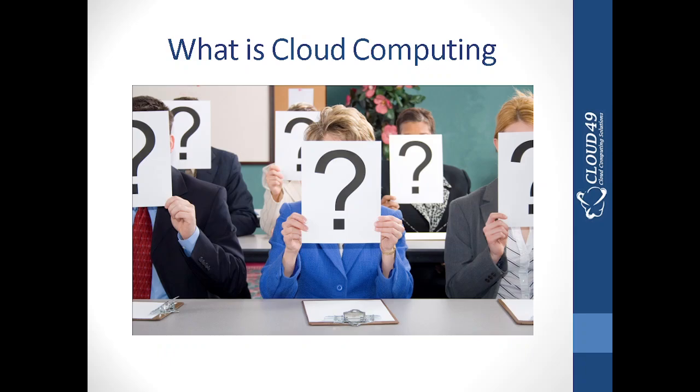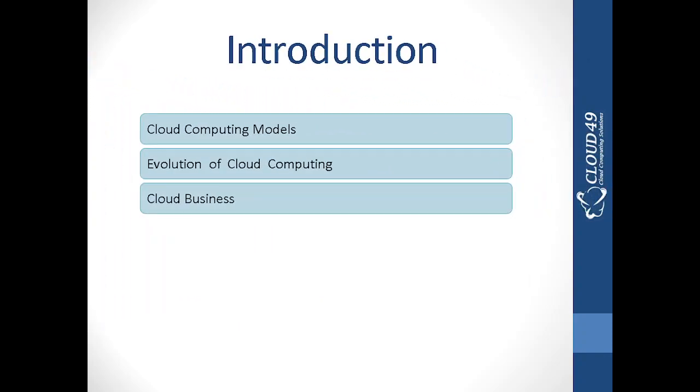So you need to understand what cloud computing is, what its use is, and where we find it. We will understand the cloud computing models, how many types of models there are, and also the evolution of cloud computing, and cloud businesses, who provide and who is doing cloud businesses.